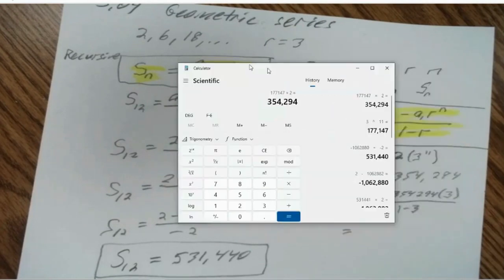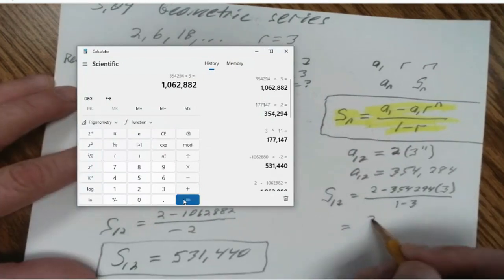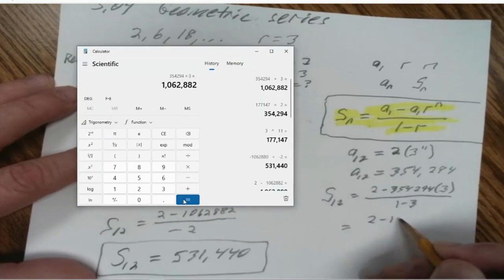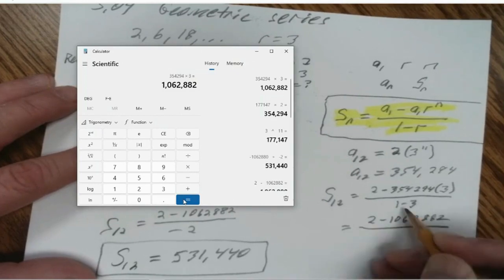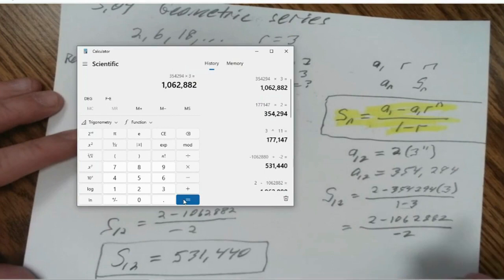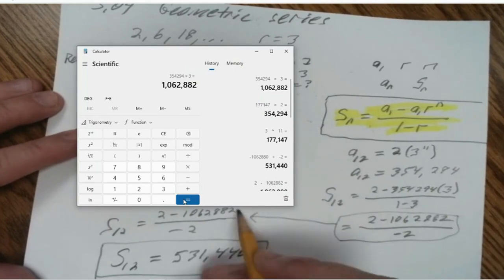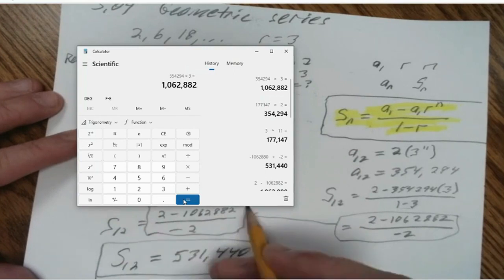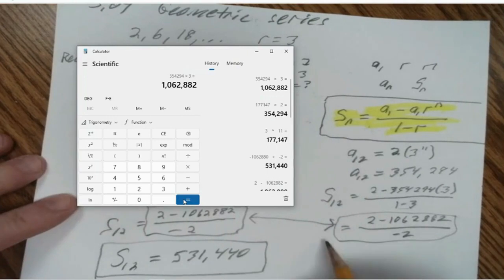So we need to take it times 3. So it's 2 minus 1,062,882 divided by -2. Well, look at there. That's the same calculation. So it's obviously going to give us the same answer.